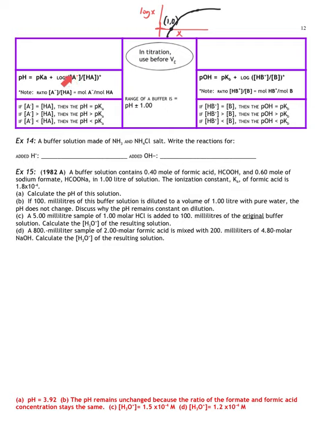The note says that if this ratio right here that you see between the conjugate base and the weak acid, or the conjugate acid and its weak base, is written in moles, or you're given mole amounts, you can easily slip it into this ratio.